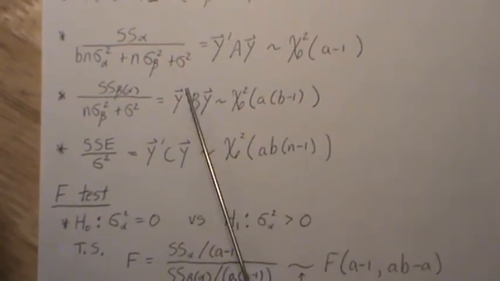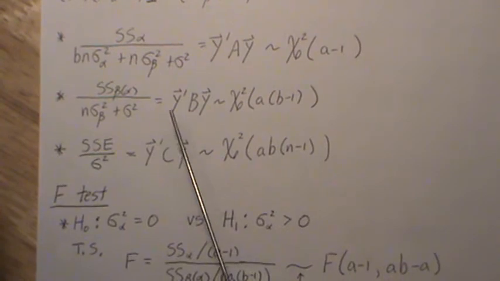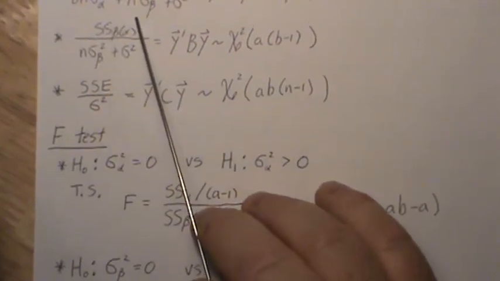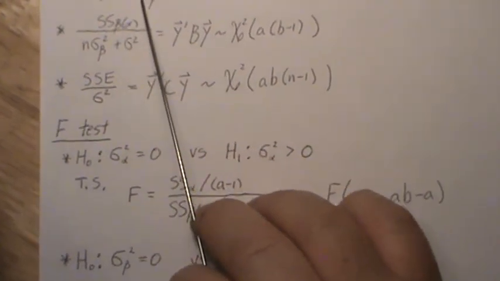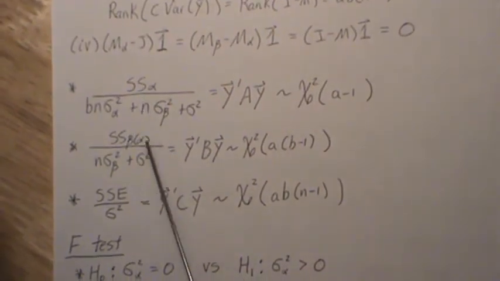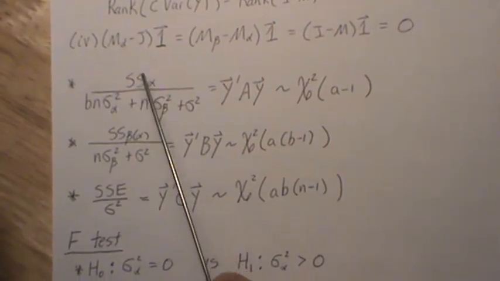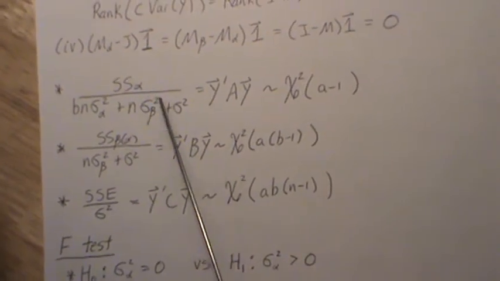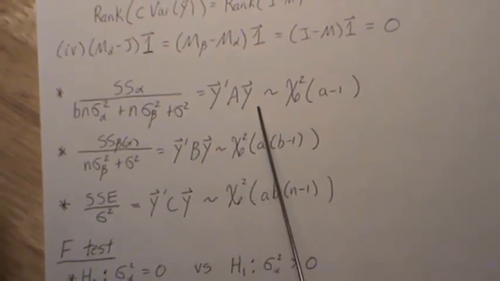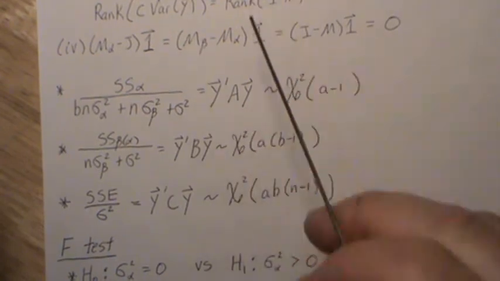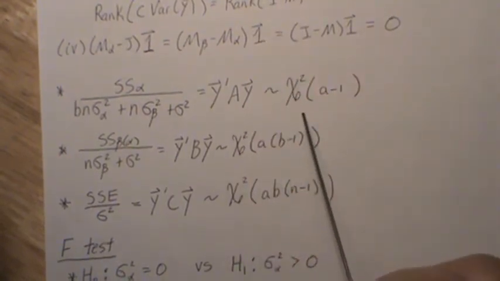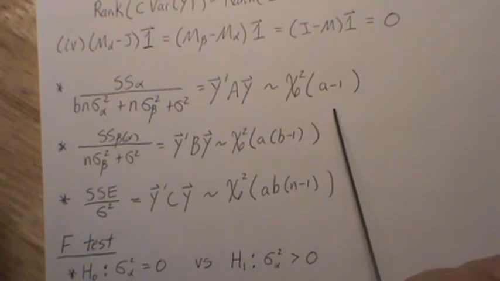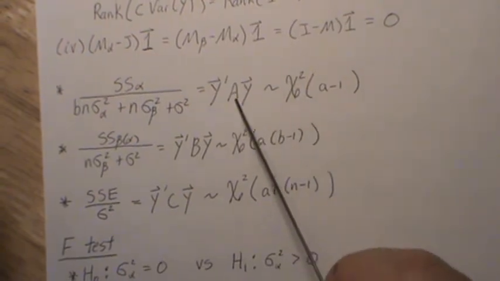So now, if we look at this sum of squares right here, and if this is thought of as y, then based on what we just went through, it's easy to show that it's a central chi-squared with a minus 1 degrees of freedom, right?